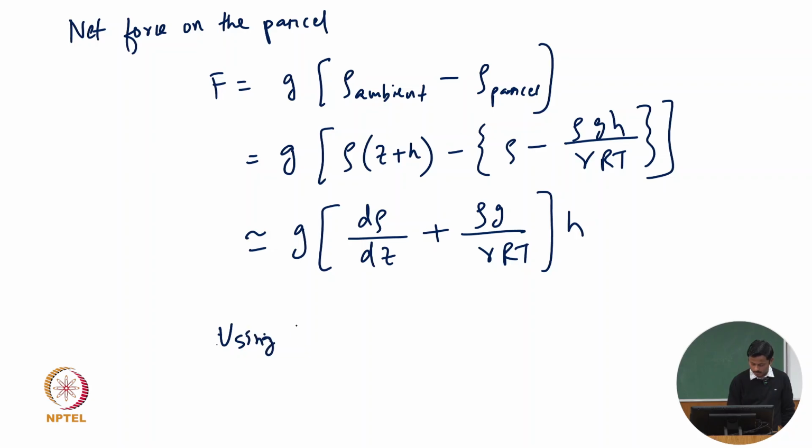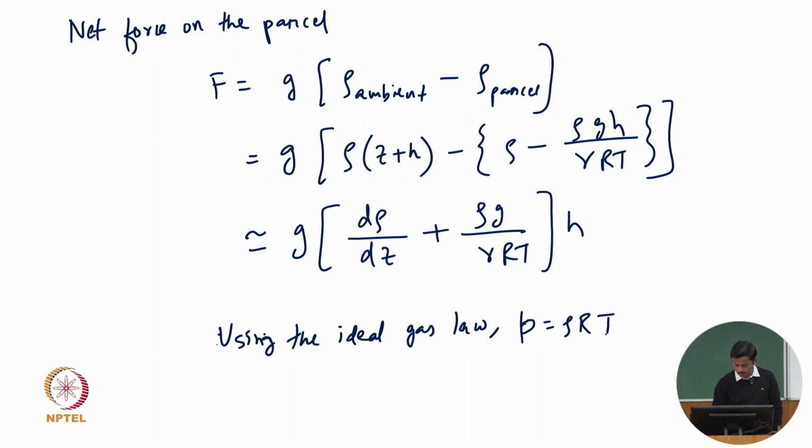Using the ideal gas law, P equal to rho RT. So we first of all differentiate with respect to z.